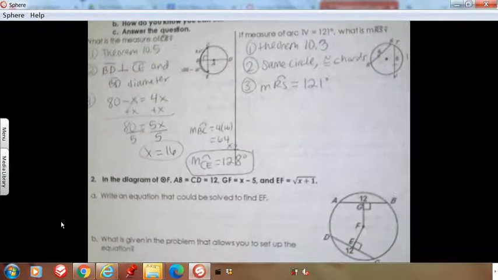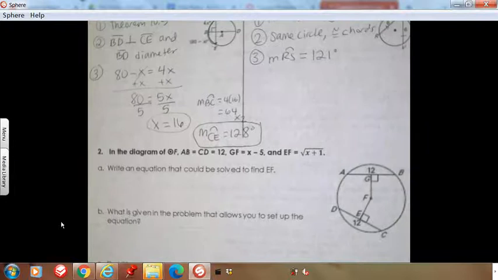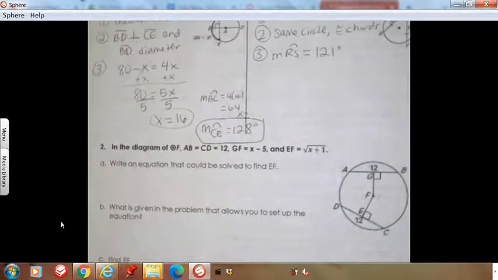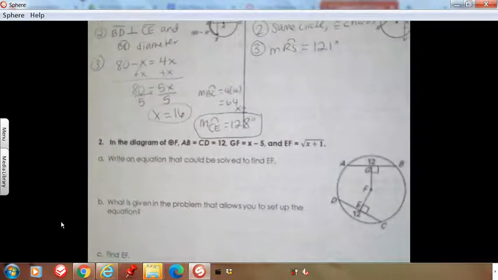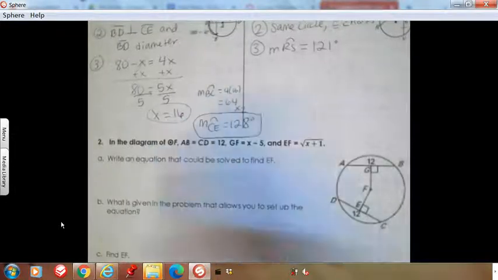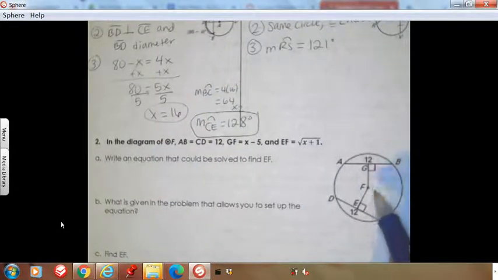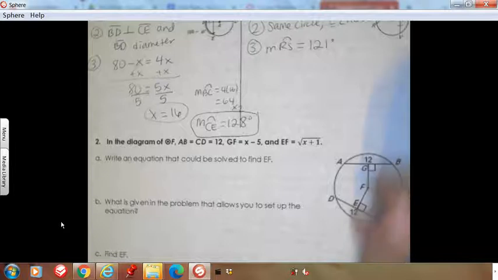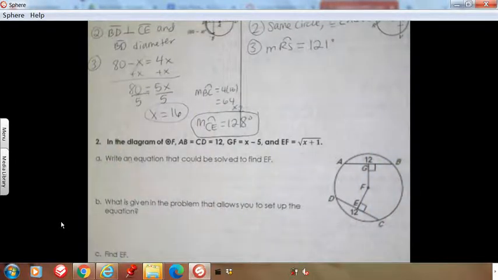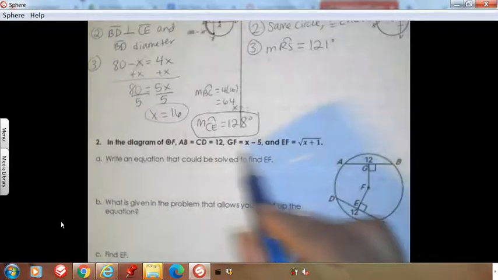For number 2, it does get into the algebra, but first let's just apply which theorem we are applying here. It says write an equation. Actually, first of all, you know this is circle F, center F, and then you have a couple of things. We know AB is 12, CD is 12, and then we have GF and also EF.